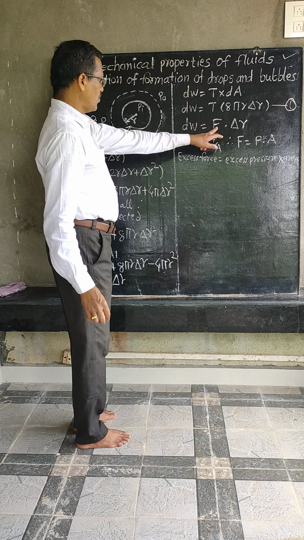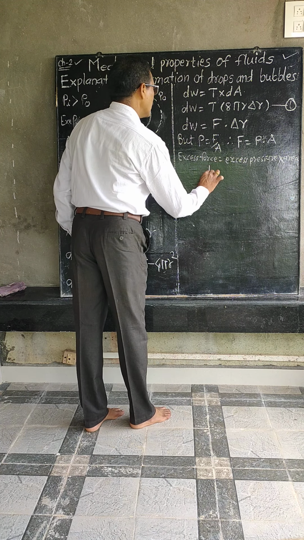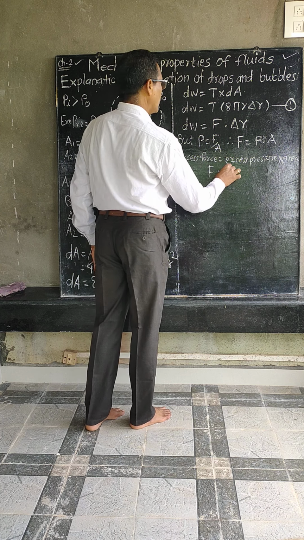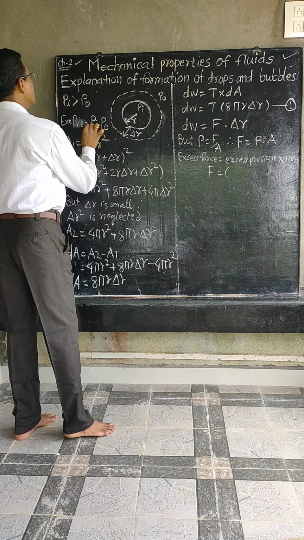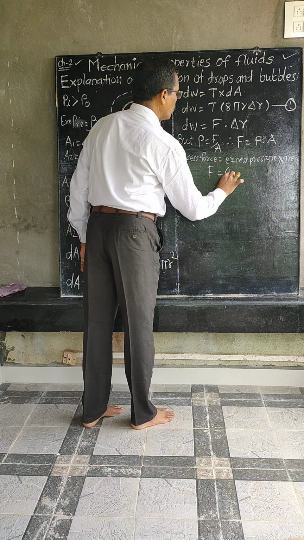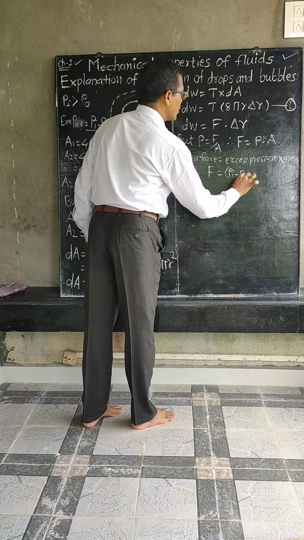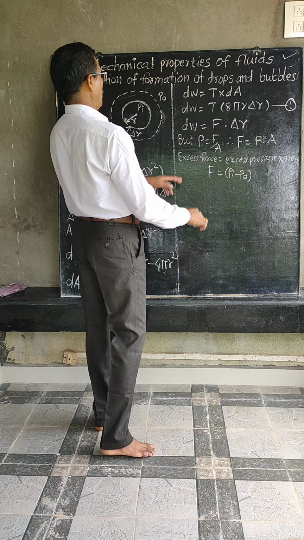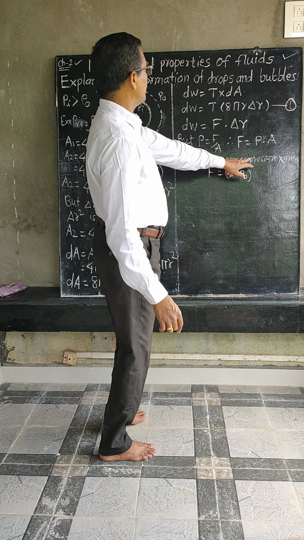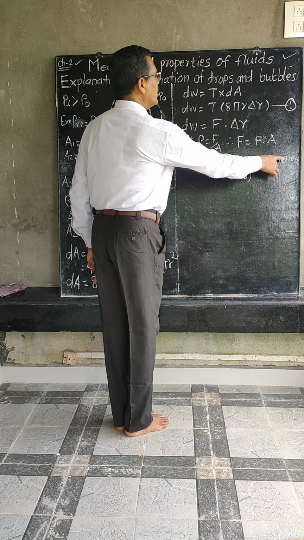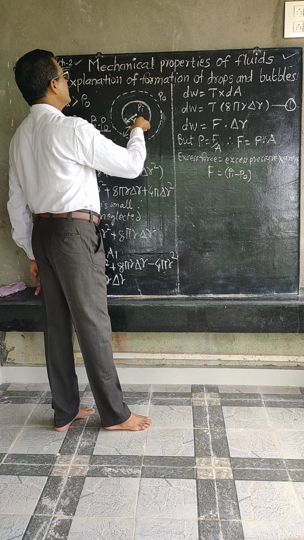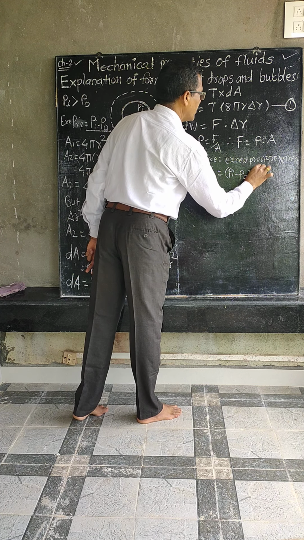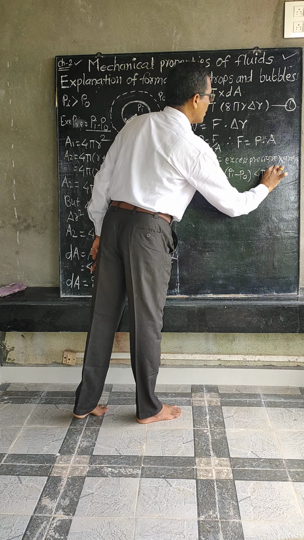Now this excess force F is equal to excess pressure, that is Pi minus Po, into the area of this liquid drop, which is 4 pi r square.